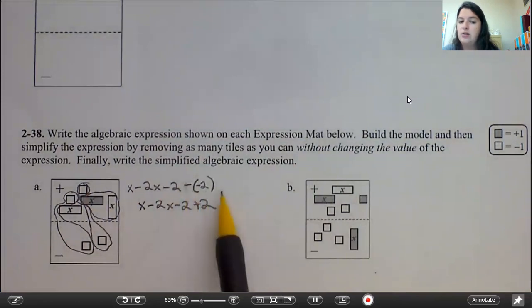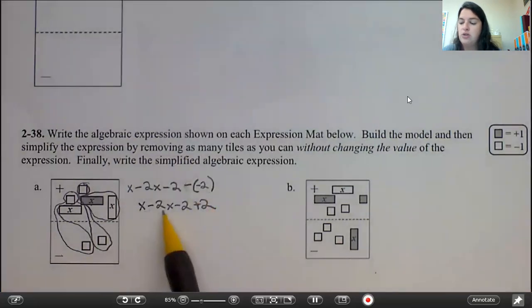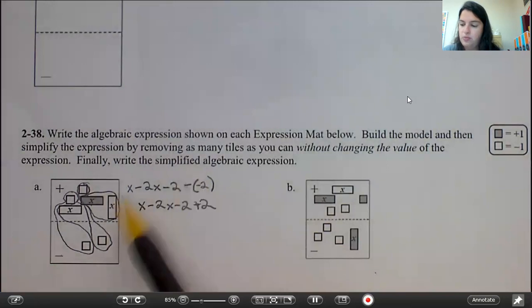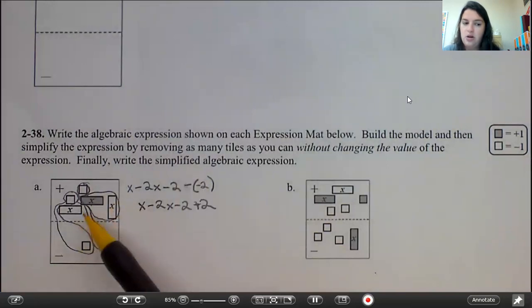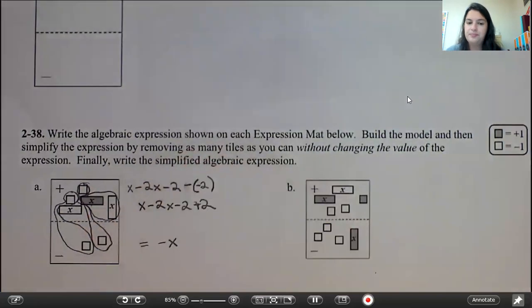And inside the negative region, we had 2 negative tiles. That's why this should have been a negative 2. That was my mistake. Negative 2. So now when we would distribute, we would have x minus 2x minus 2 plus 2. So our 0 pairs, which we have already done on our mat, only leaves us with a negative x.